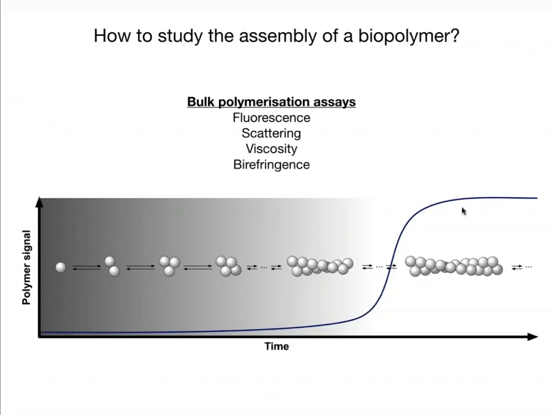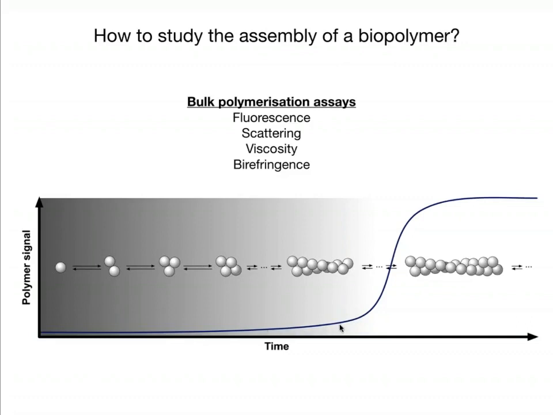This can be done by different means, for example, fluorescence or light scattering, or you can measure the viscosity of your solution, or by birefringence. In all of these cases, you get a signal and time course that looks like a sigmoidal curve, where in the beginning you have a nucleation phase where nothing much happens.